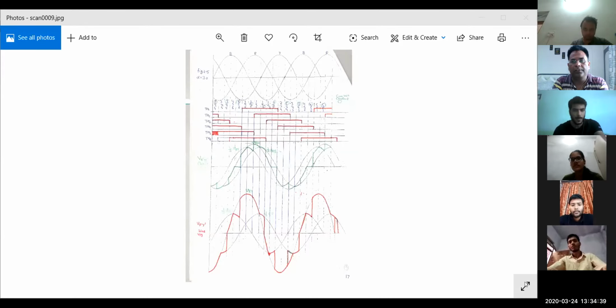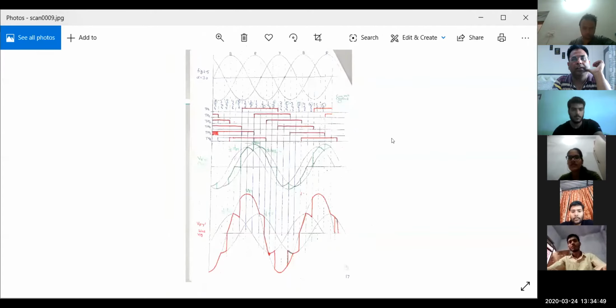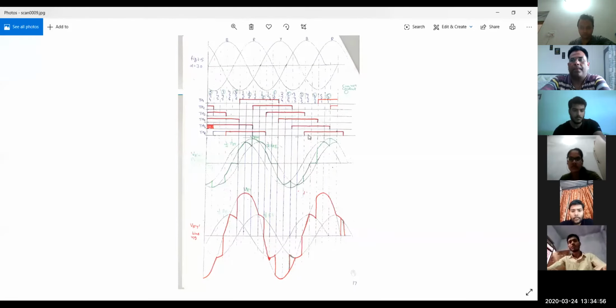Is the screen visible to you? Everyone can see the screen. Okay, now you can see the graph.